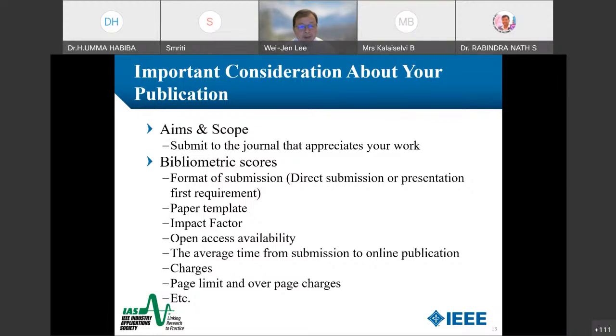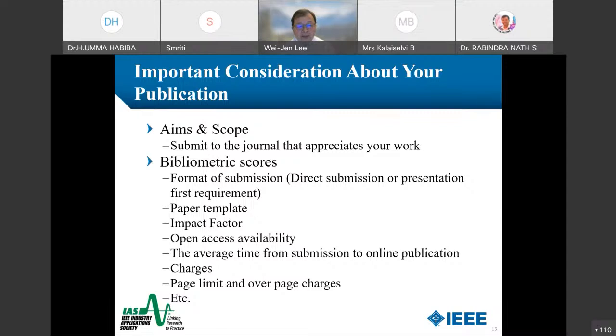From the scope point of view, you also look at the format of the submission. Some journals or societies allow a direct submission, and some societies have a so-called presentation-first requirement.